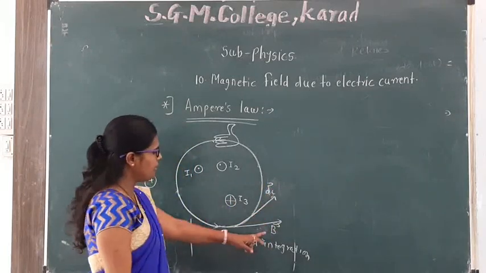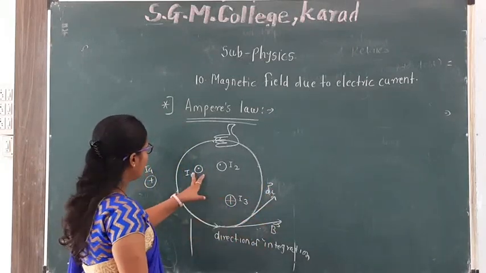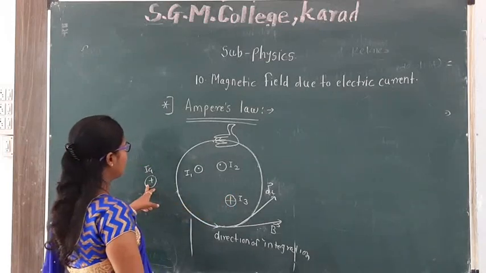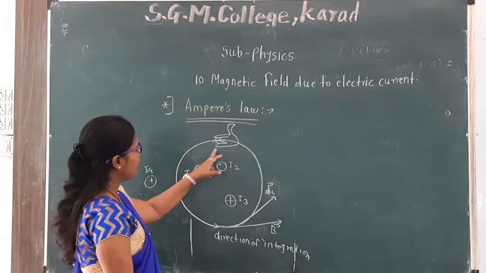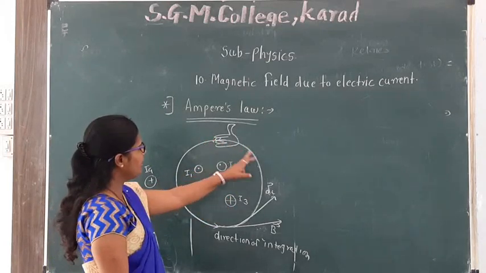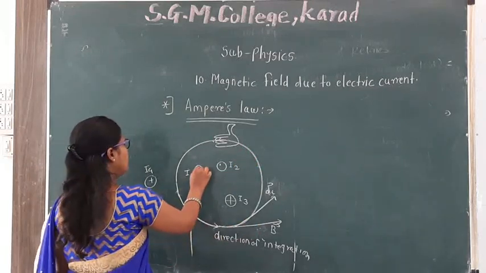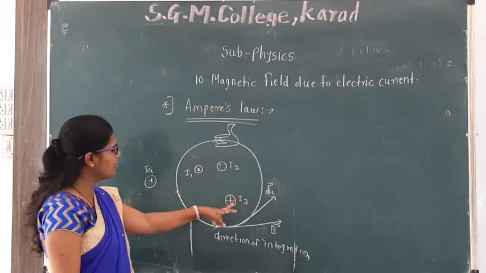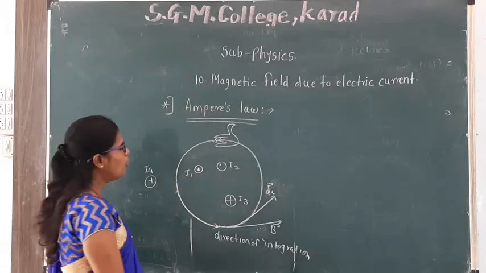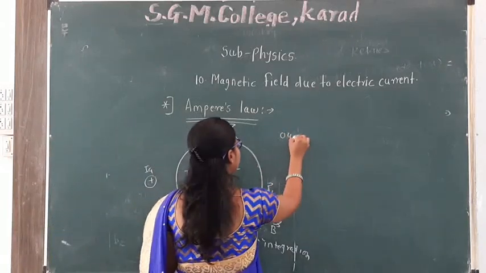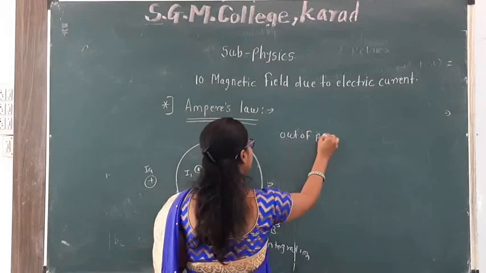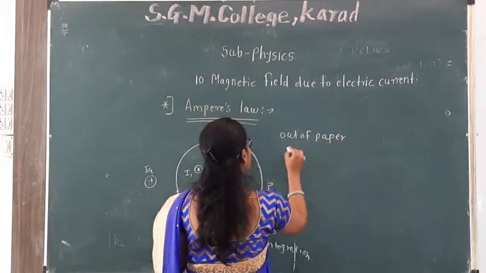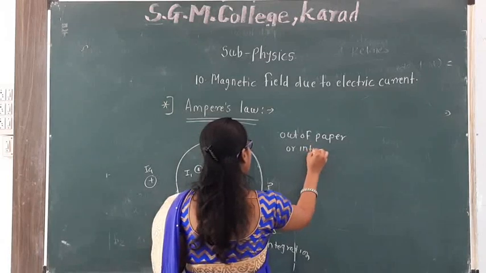Here B is the magnetic field and dl is a small element of length. I1, I2, I3, I4 are different currents, and here we are applying the right hand rule. These different currents are either out of the paper or into the paper.